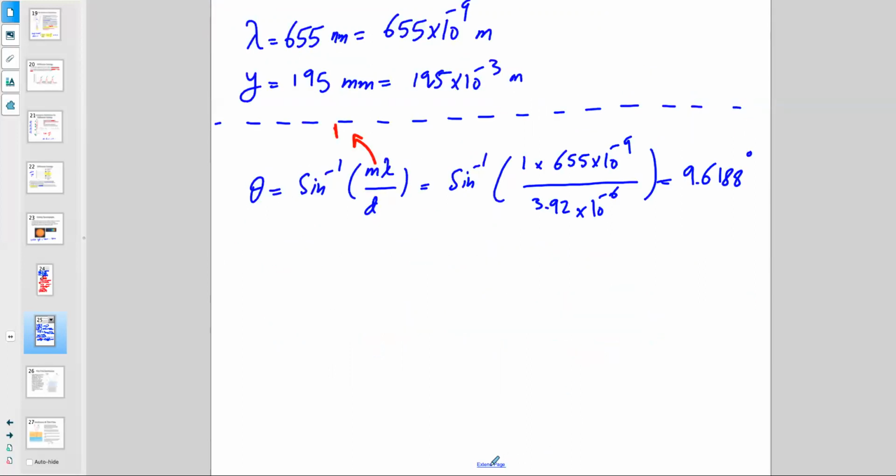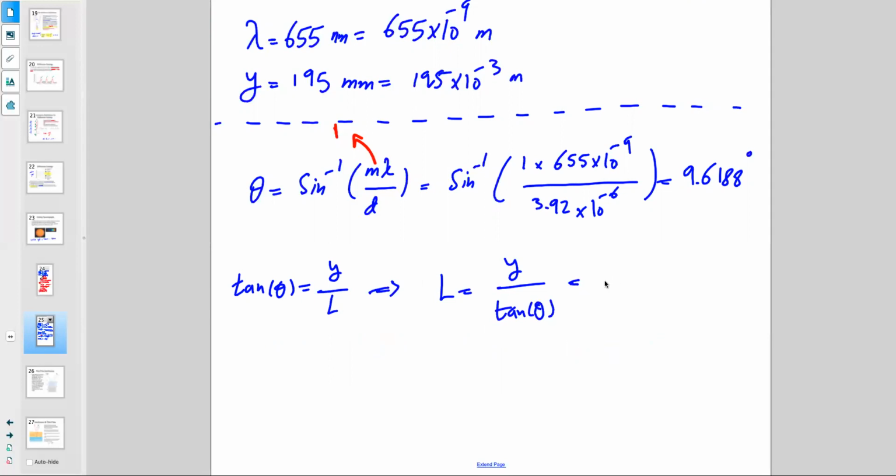And now we have the tan. We can use tangent. Tan of theta is y over L. So this means that L is y over tan of theta.